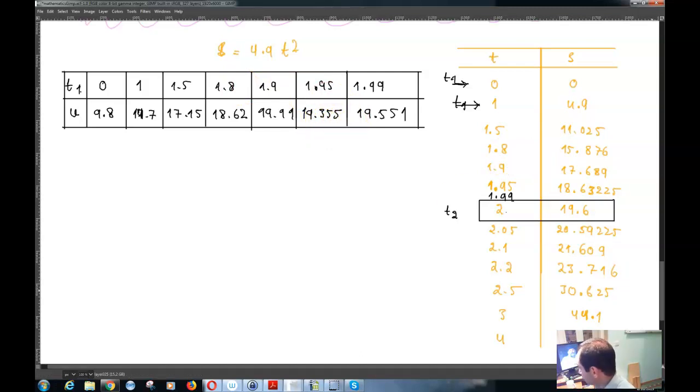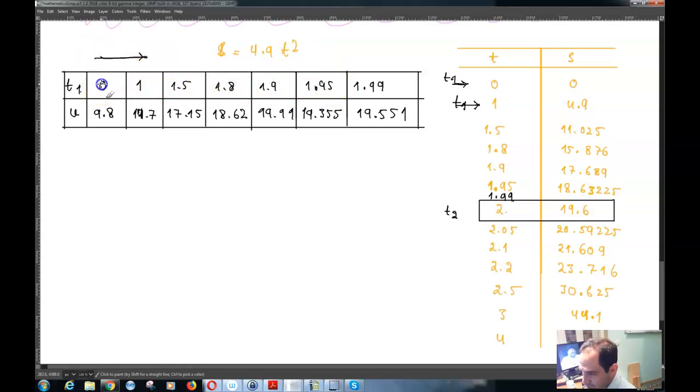So what you see from this table, you observe that the average velocity is gradually, of course, increasing from 9.8 to 14 to 17, 18, all the way up to 19.551. And as you can see, as I'm moving in this direction in this table, I'm making my time intervals smaller and smaller.